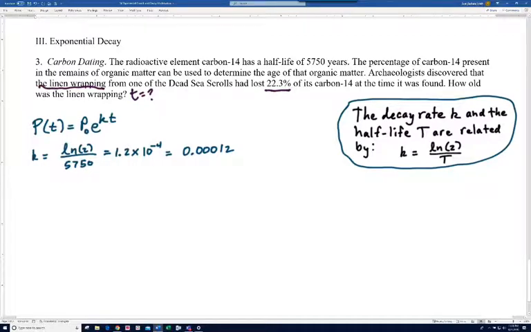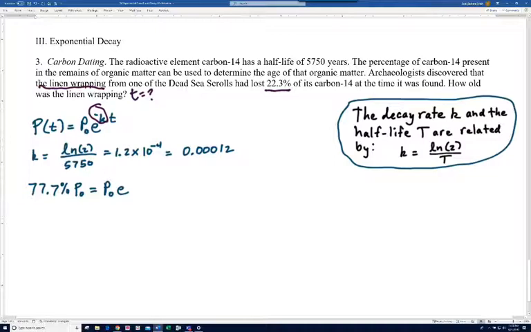And so here's how we're going to put the numbers in. It'll be 77.7% of the original amount, P naught, is equal to the original amount of carbon-14 times e. Oh, I know what I forgot to mention here. Notice I'm using a minus in front of the k.